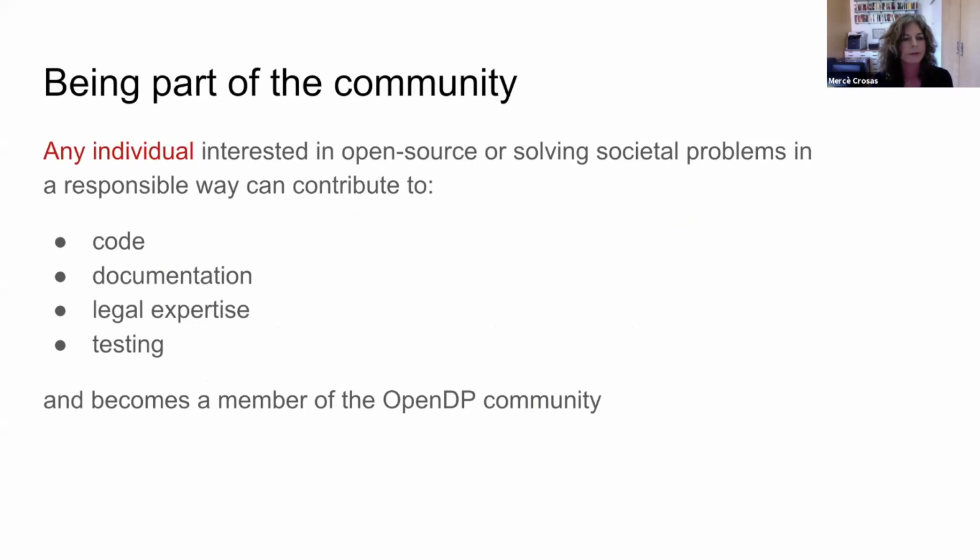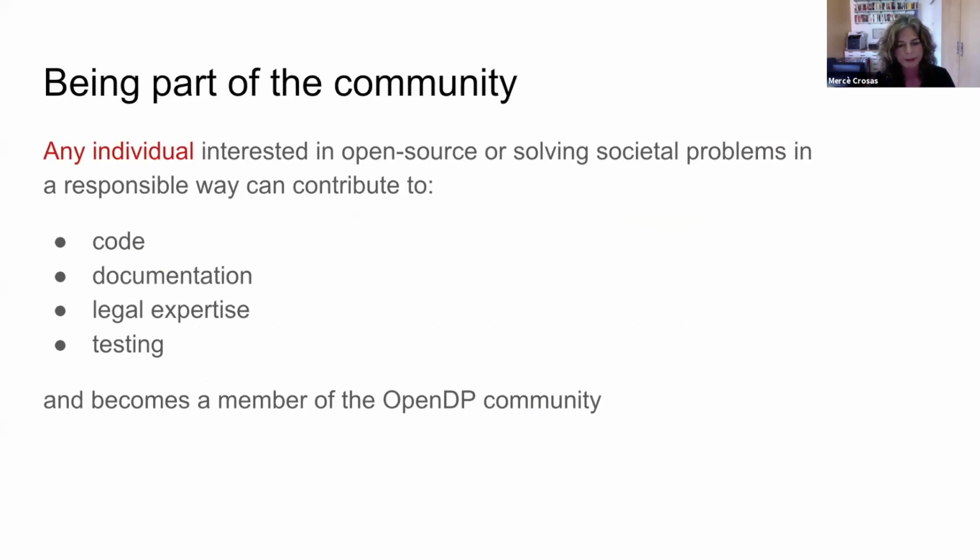And then in terms of being part of the community, as I showed in those rings, this really includes a lot of different types of people, a lot of different types of professions and roles. And so some individuals could contribute code, which is, as we know, the standard way of contributing to open source software.